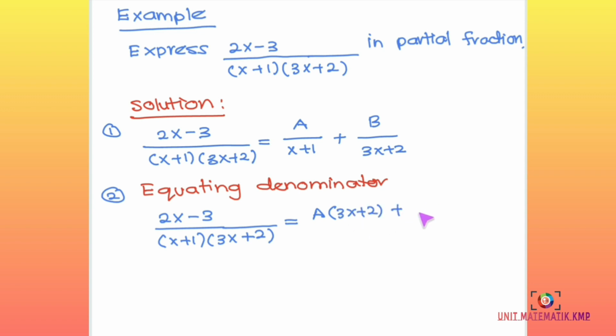B already has 3x plus 2 but still does not have x plus 1, so B must multiply with x plus 1. The whole thing now will have the same denominator as the left hand side.